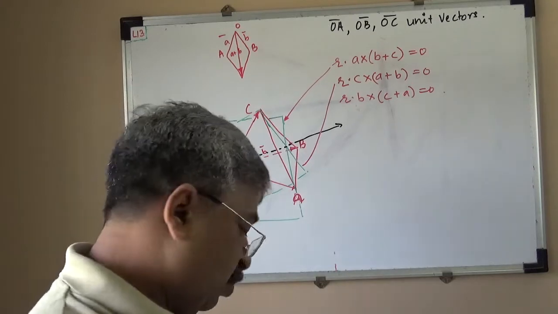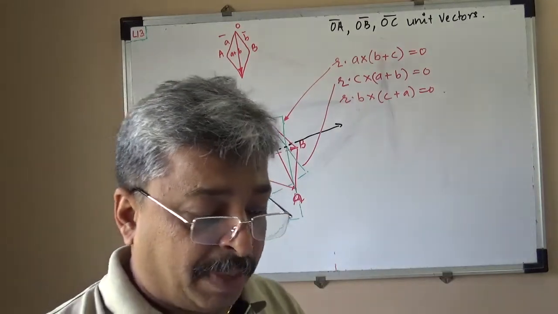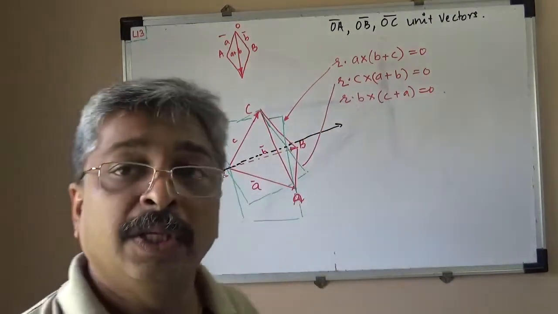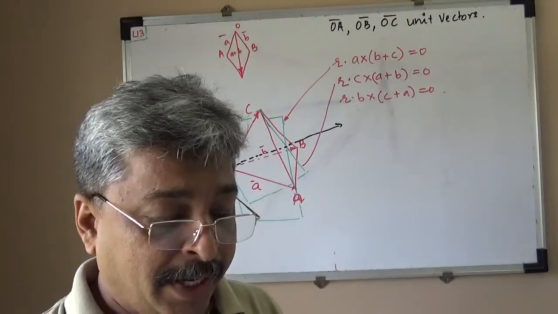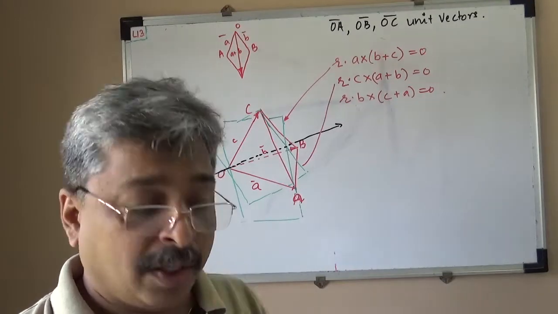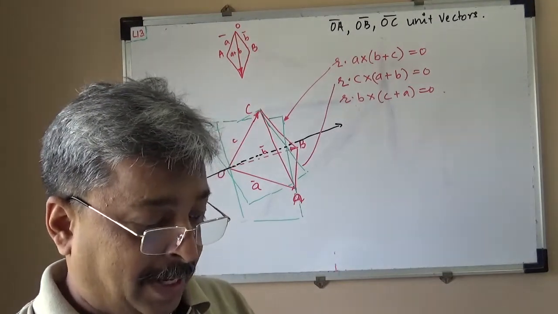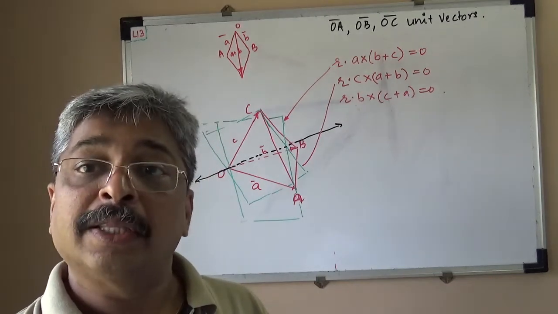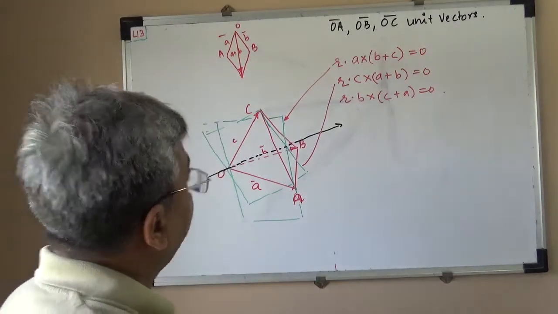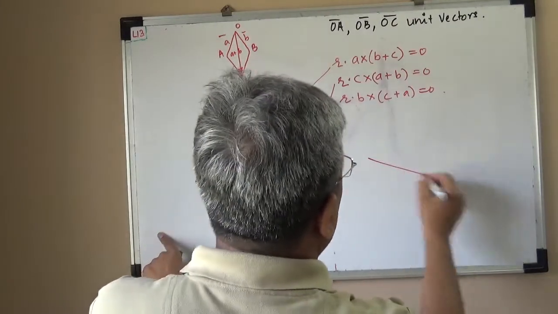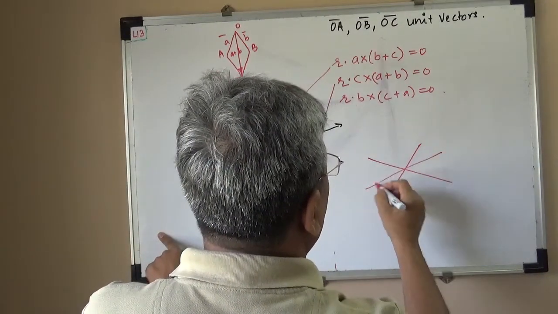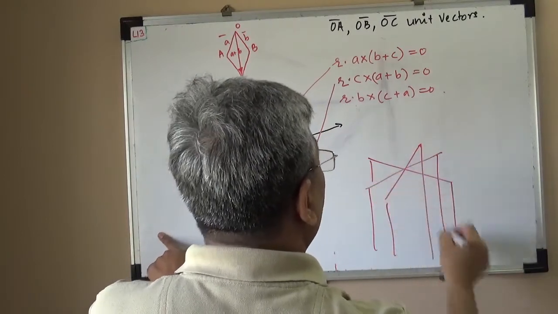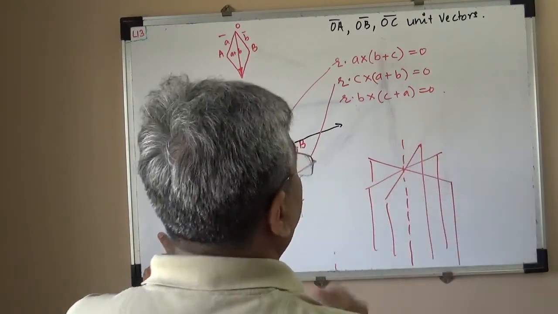Okay, and now these three planes have a common point. All these planes are passing through the origin, therefore they have a common point. And if three planes have a common point, and we want to prove them coaxial, that means it is like the pages of your notebook. Suppose these are the planes which are coaxial with this common line.